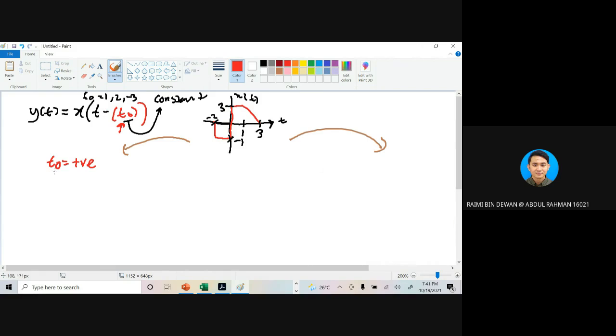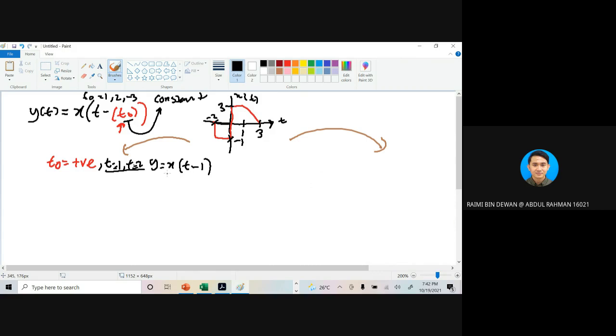So if your t naught is positive, for example t naught equals 1, or 2, before I proceed with the drawings, you can see the writing should be y equals x(t minus 1).